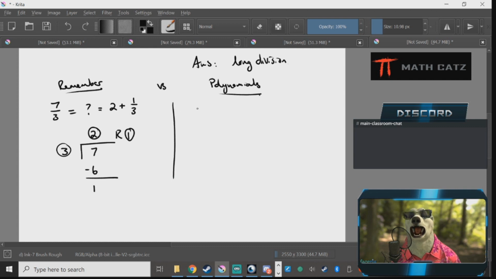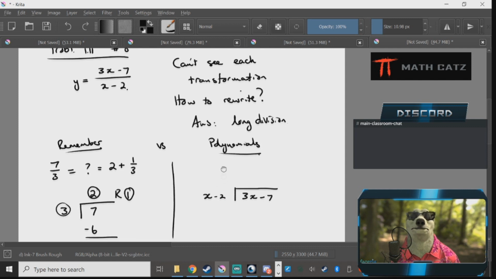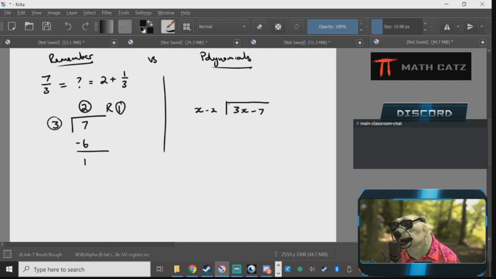We have, however, little polynomials. Our numerator is inside the house, 3x minus 7. Our divisor is x minus 2 outside the house. But we're doing almost the same thing. Almost the same.